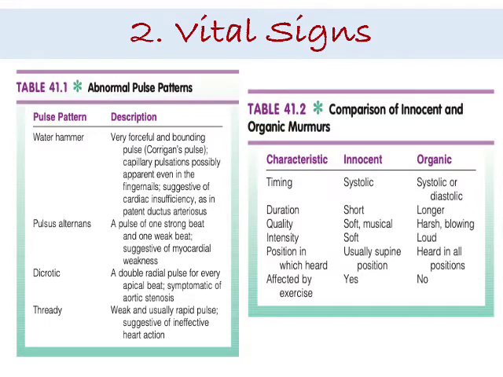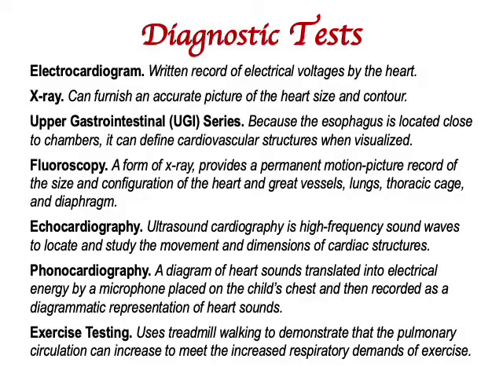For the blood pressure, usually systolic 60 to 85, diastolic 40 to 55 is normal. Then it increases. RR, check also for rapid respirations. Diagnostic tests. An ECG or electrocardiogram measures the electrical activity of the heart.